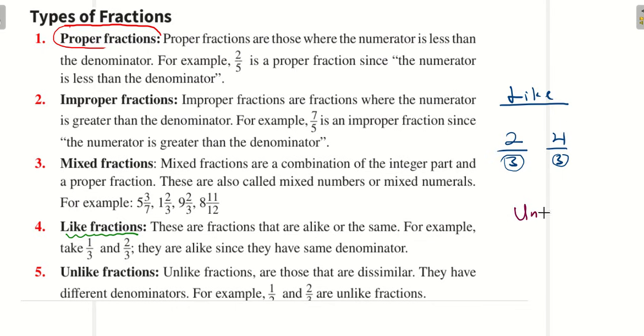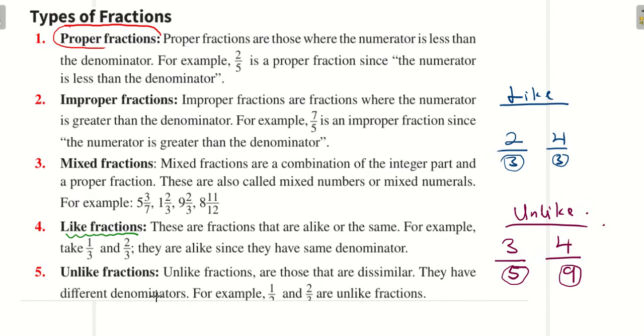When we take unlike fractions, we can have an example to be 3/5. Then we can have, let's see, 4/9. These two fractions are unlike fractions because the denominators are not the same.